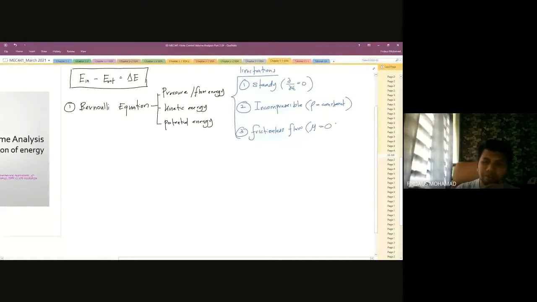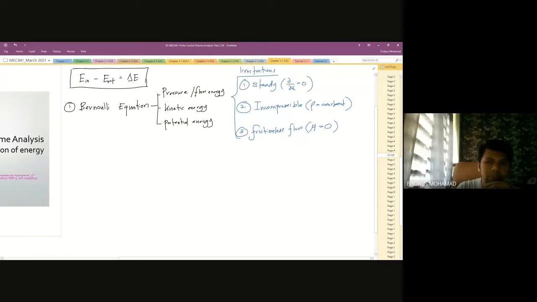Okay, so for this case, the limitations are steady, incompressible, and frictionless flow. So if it is unsteady, if it is compressible, or if there is viscosity, then this Bernoulli equation cannot be used. So remember the limitations for the Bernoulli equation: steady, incompressible and frictionless flow.